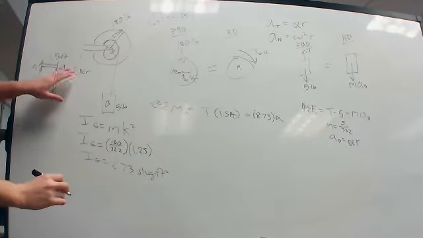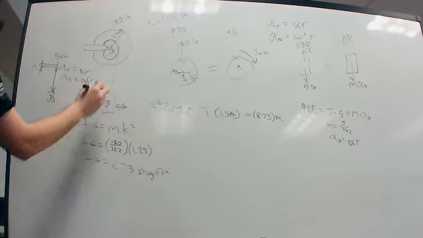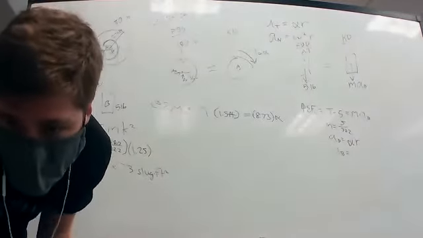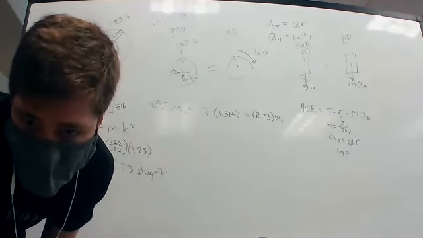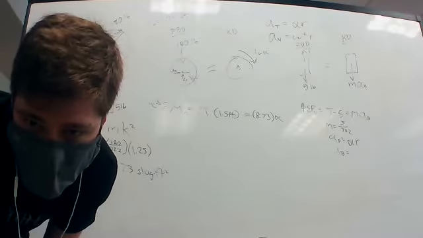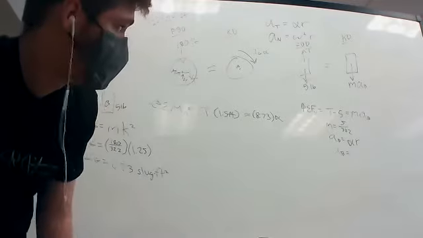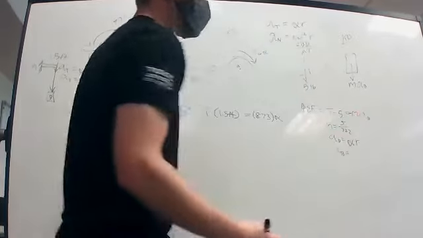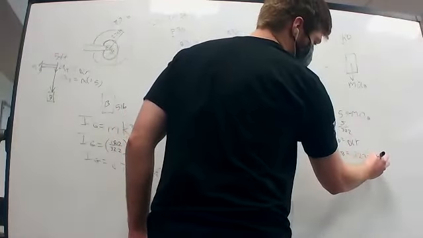So combining AT being alpha times 1.5 and M being 5 over 32.2, we can say that AB can be replaced with minus, because it's moving down, minus 0.233 alpha.